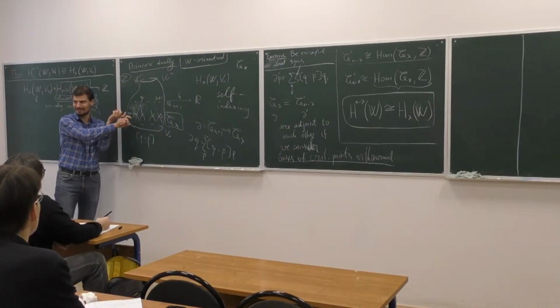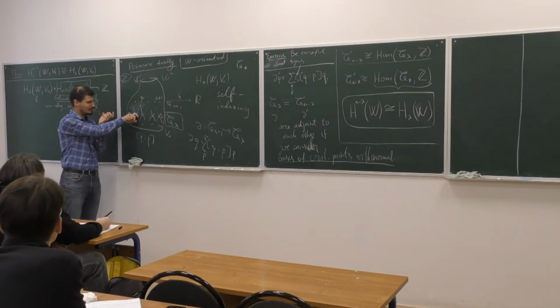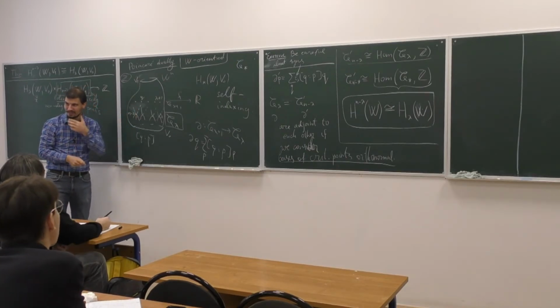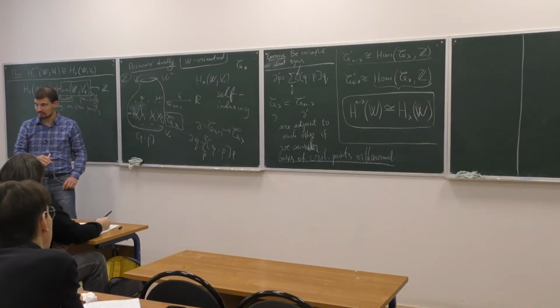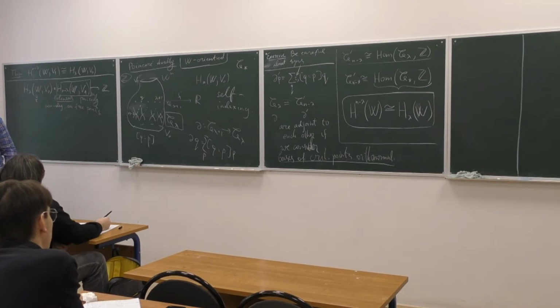This exactly means that this disk has pairing one with that disk. So this is exactly the algebraic intersection index. This is an important viewpoint, and it will be useful to us now. Okay, this is about Poincaré duality.